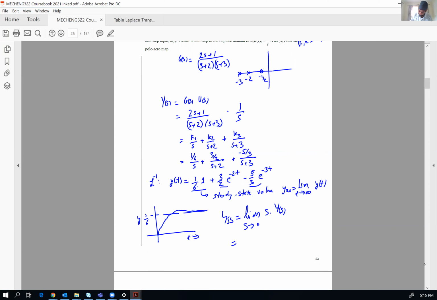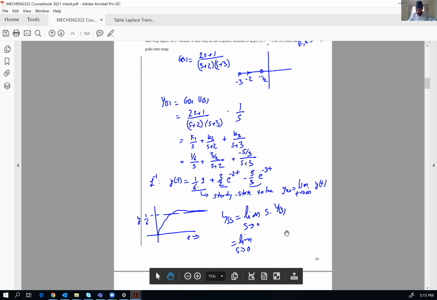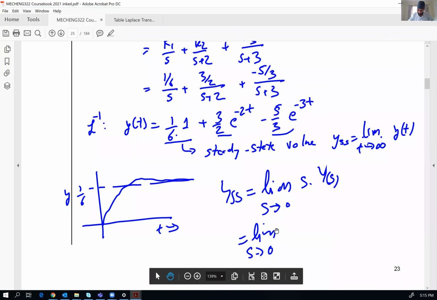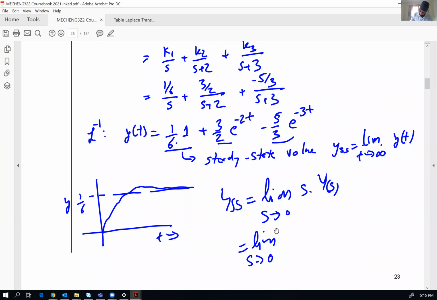So it is basically the limit s tending towards 0 of s times (2s plus 1) over (s square plus 5s plus 6) times 1 over s.